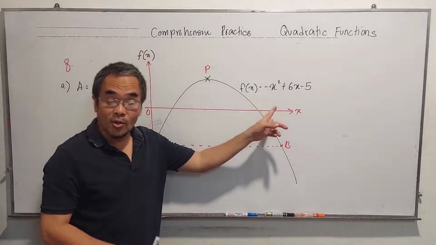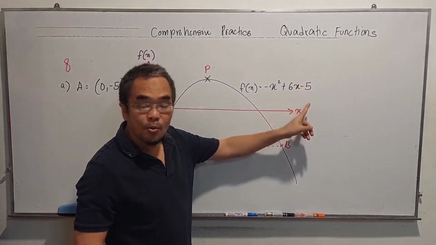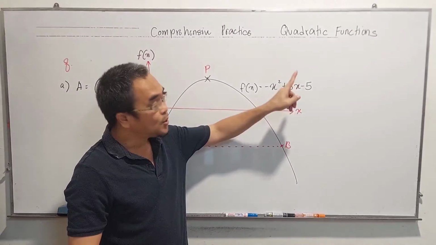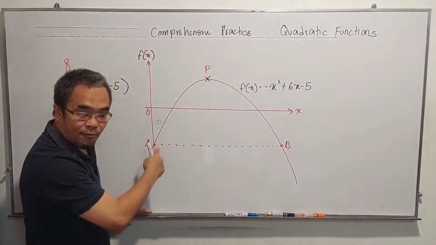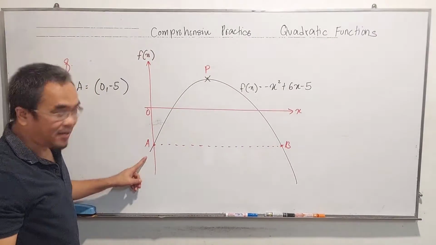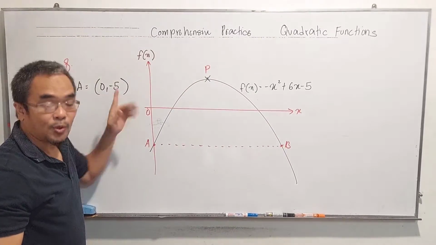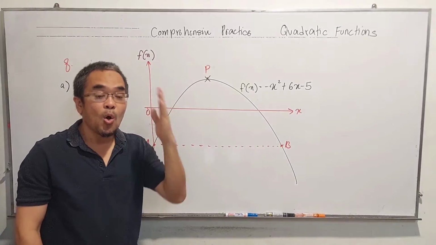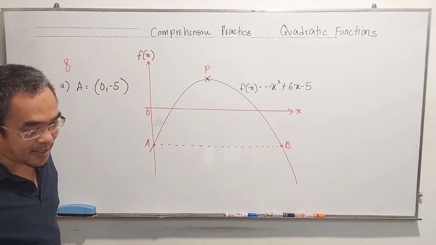So in the context of a quadratic equation, you look at the number without the coefficient of x, in this case negative 5. So negative 5 is the intersection of the graph with the y-axis. So again, A will be (0, -5), because x is constantly 0 on the y-axis. Okay, that is A.